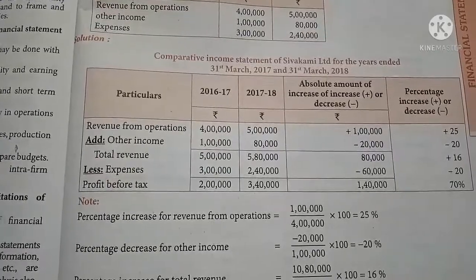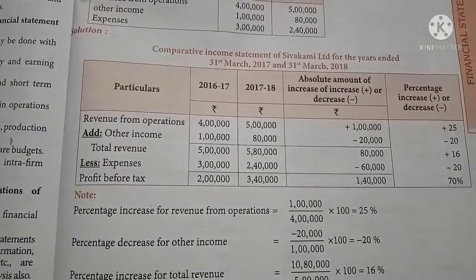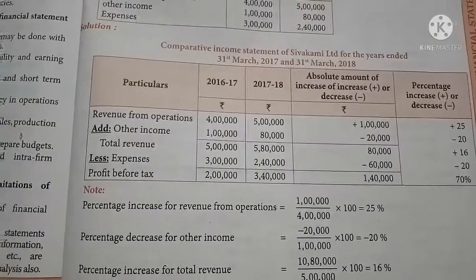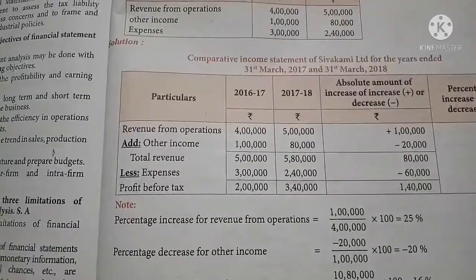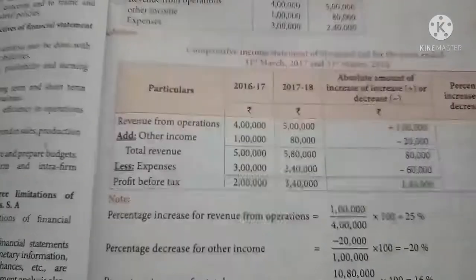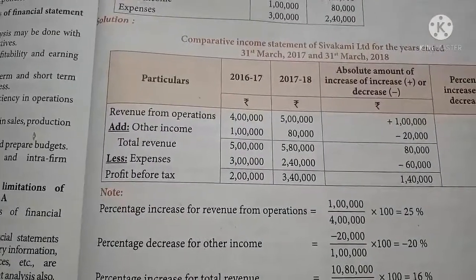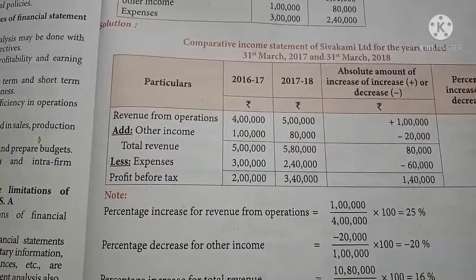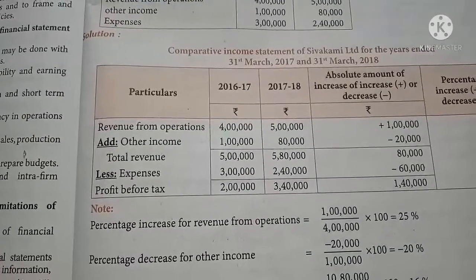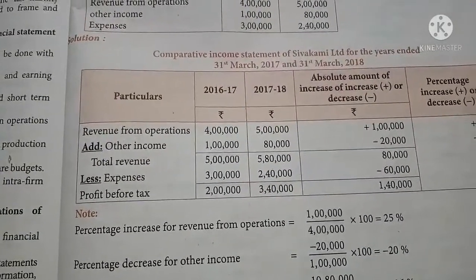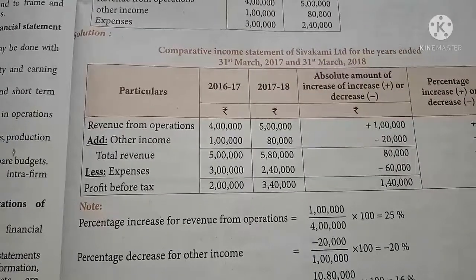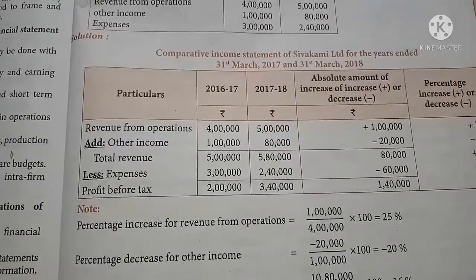While finding out the percentage, difference amount in the numerator divided by first year amount in the denominator for each and every item. Take the profit in the numerator and denominator first year amount into 100, the percentage will arise. So by this way you can easily prepare comparative income statement.